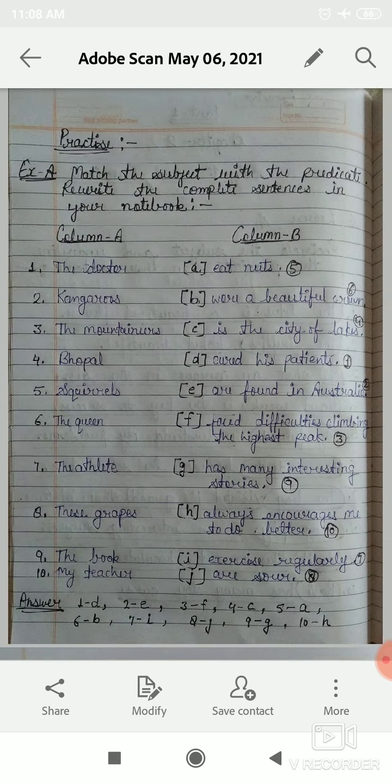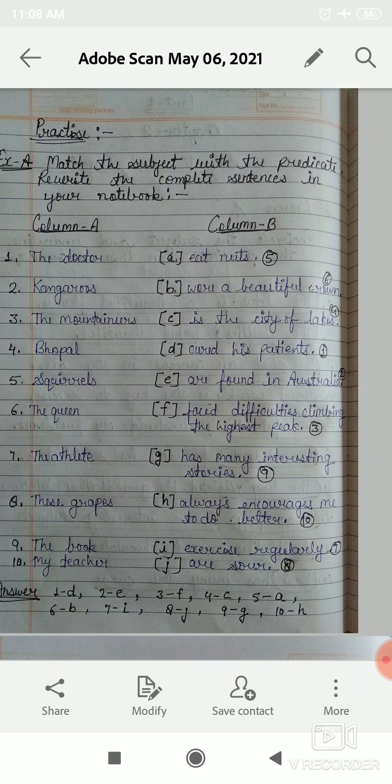So exercise A is match the subject with the predicate. Rewrite the complete sentences in your notebook. Okay, so students, here it means that you have to match the subject with the correct predicate to make complete sentences.